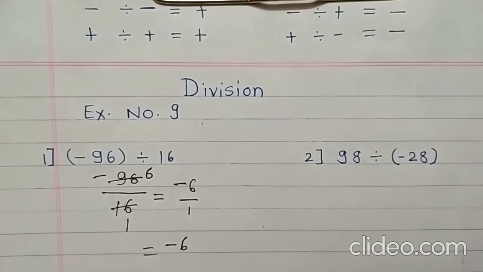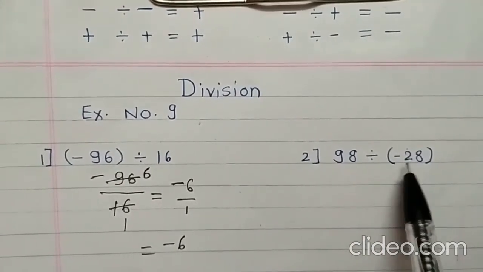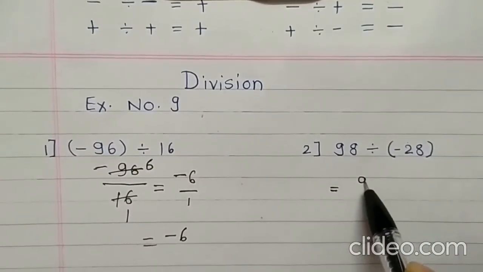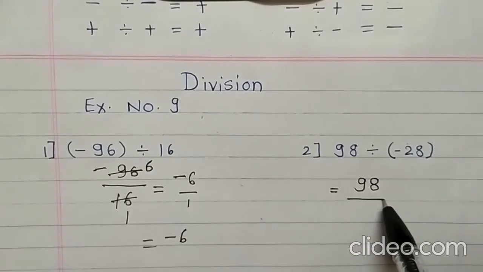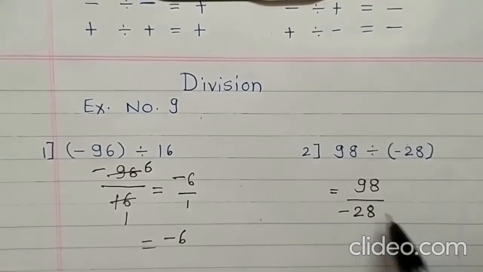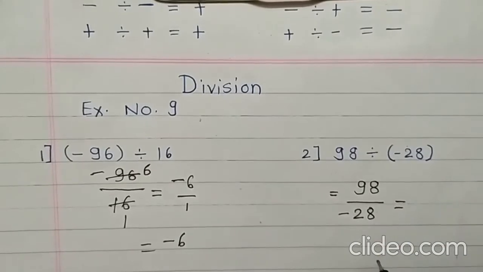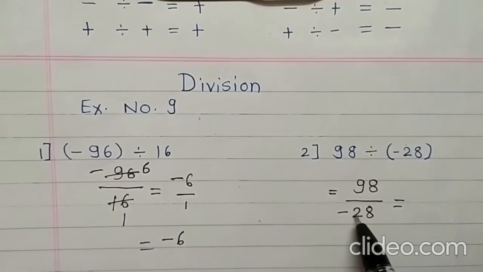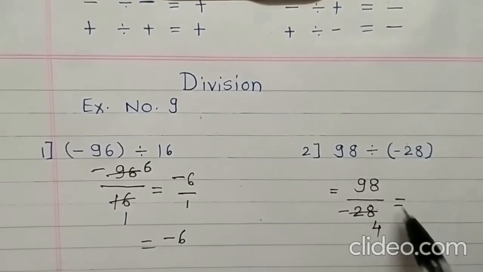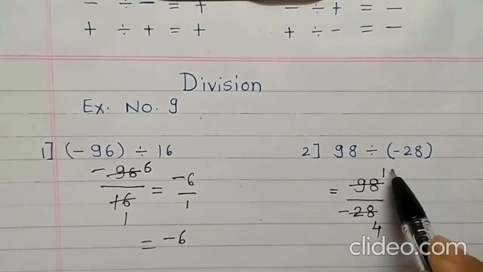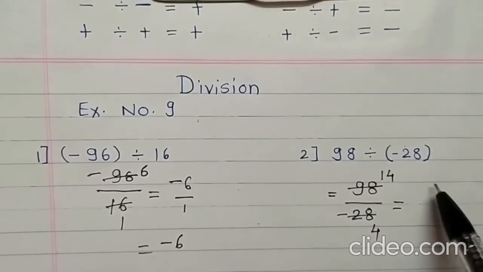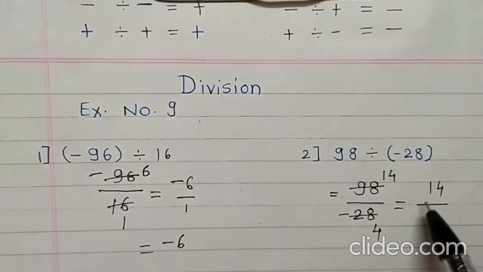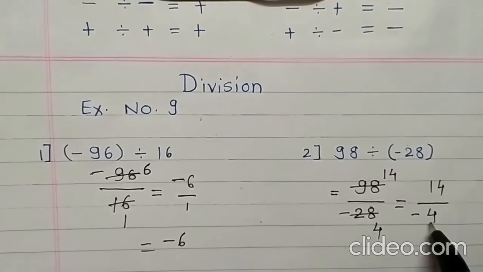Let's solve the second one. 98 divided by minus 28. Let's write it in proper form. 98 divided by minus 28. Both these numbers can be divided with the help of the 7 table. 7 fours are 28, 7 fourteens are 98. So 14 upon 4, and the minus sign will continue here.